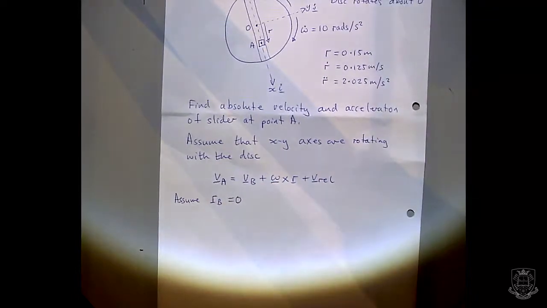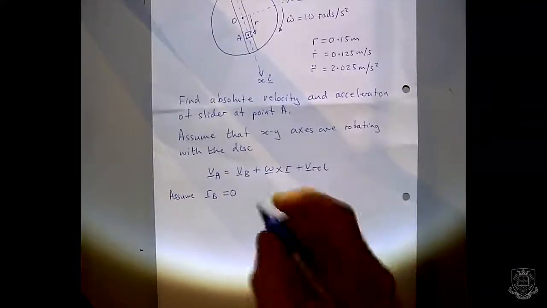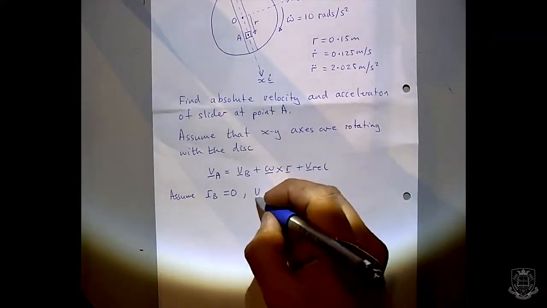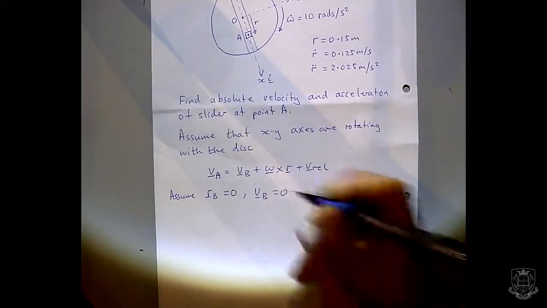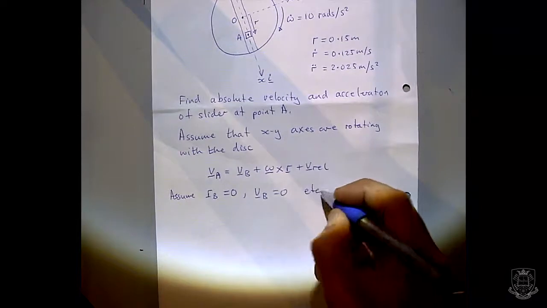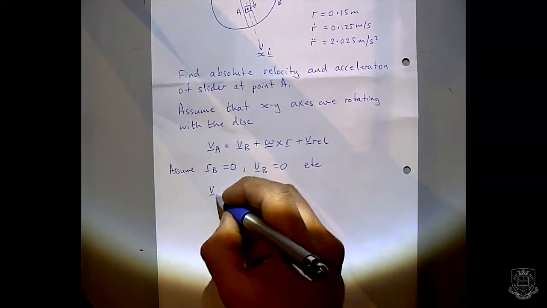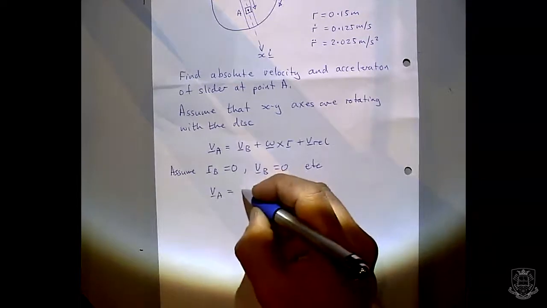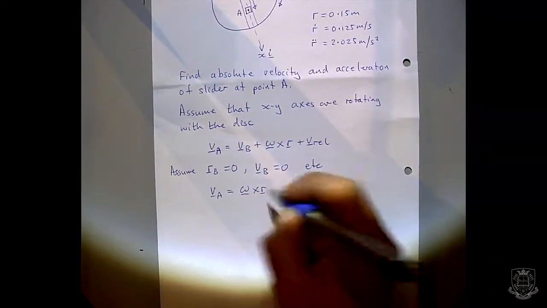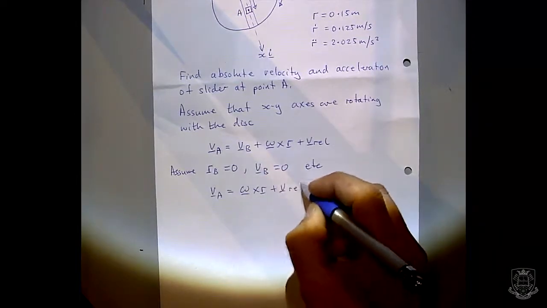If we put the rotating frame and the global one together, RB can be 0. That gets rid of another term, and of course that means our VB is 0. So what we get is that VA is just equal to omega crossed with R plus V relative.